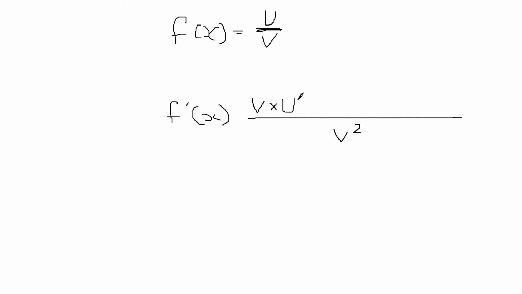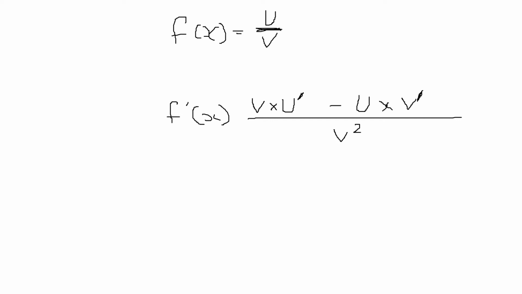So that is v multiplied by u prime. So the bottom function multiplied by the first derivative of the top function. And then you take away the top function, so that will be u, and then you multiply that by the first derivative of the bottom function. So that will be v prime. And it is as easy as this.